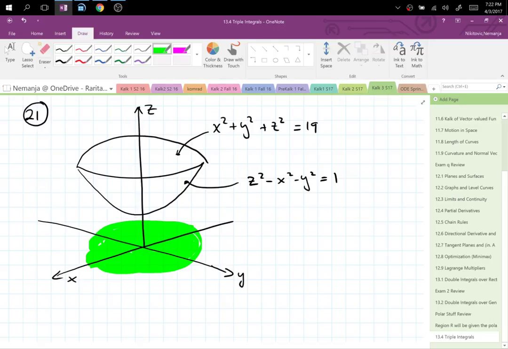If z squared is equal to x squared plus y squared, then x squared plus y squared is equal to y squared.